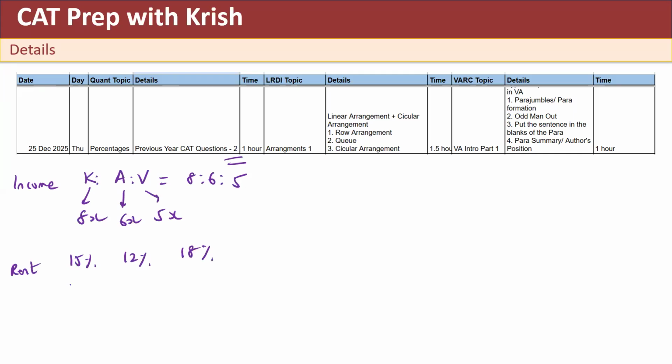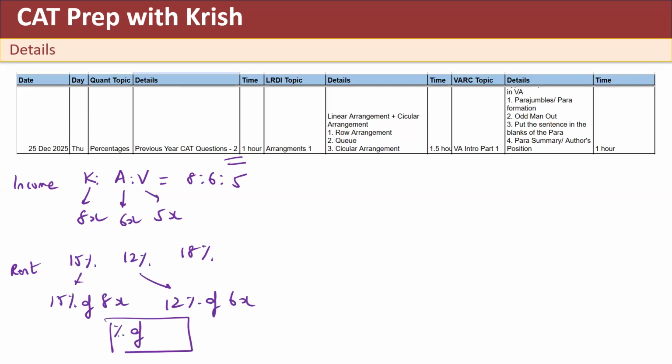So I have to do 15% of 8x, or 12% of 6x, right? If somebody is asking you to find the percentage of something, how do you calculate? That is something that we should know. If I have to calculate 15% of 8x, I'll do 15 by 100 into 8x.